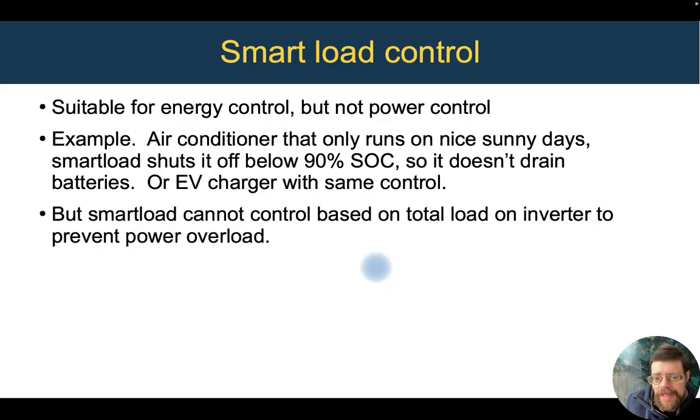Maybe in the future we'll have a way to program them based on total power and control that as well. But right now, they're really energy controls where we control how much we pull out of the batteries, but they're not solving the issue of overload of the inverter.